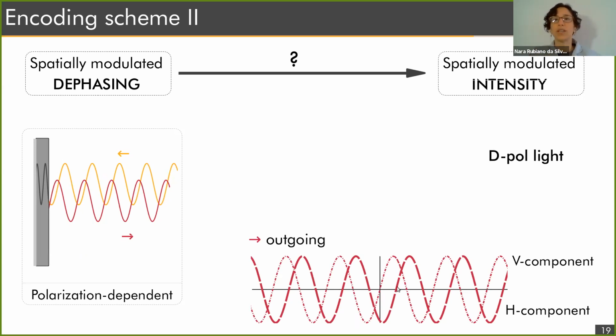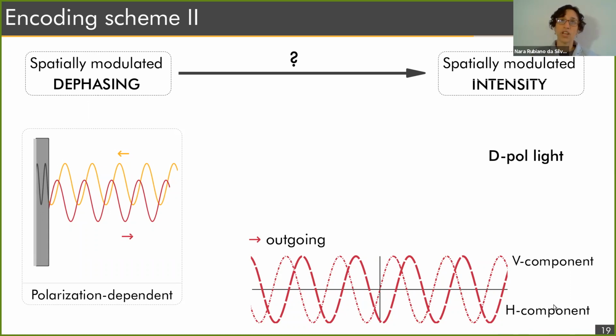So that would be the phase of the two components of the outgoing field. You see that the H component and the V component will be dephased as I just mentioned, and the polarization state is not diagonal anymore, it's something else.